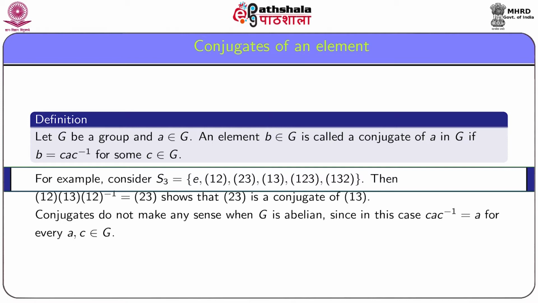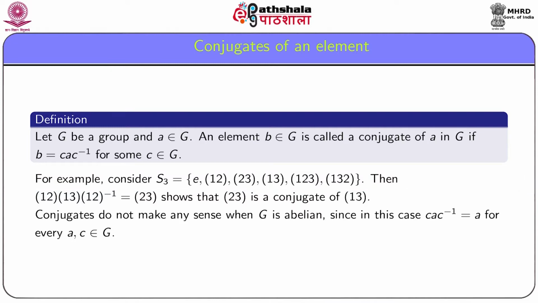We show that (2 3) is a conjugate of (1 3). For this, note that (1 2)(1 3)(1 2) inverse is equal to (2 3).